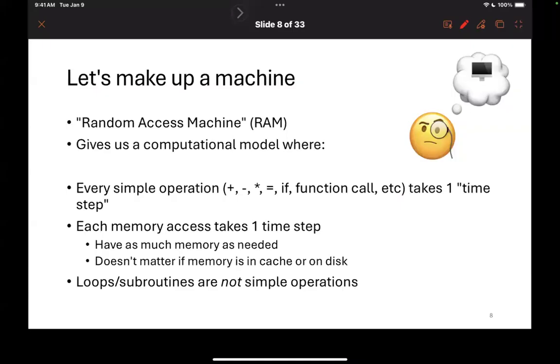That being said, loops or subroutines, function calls, are different.